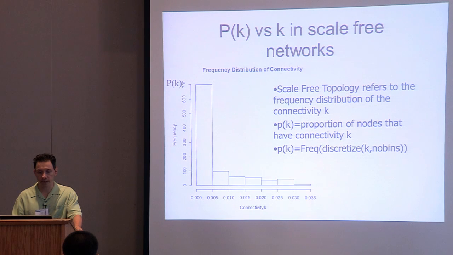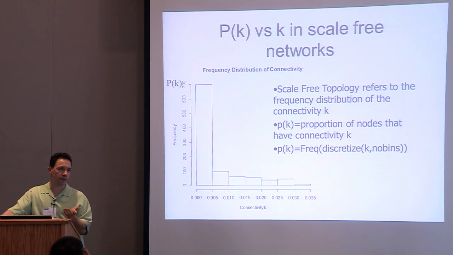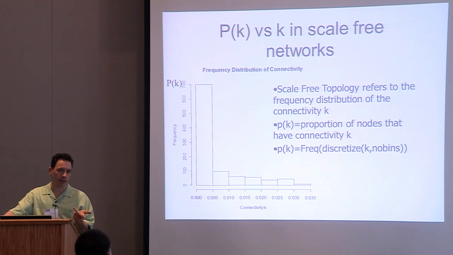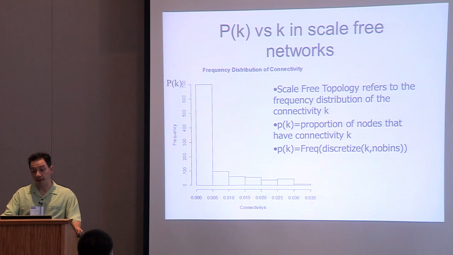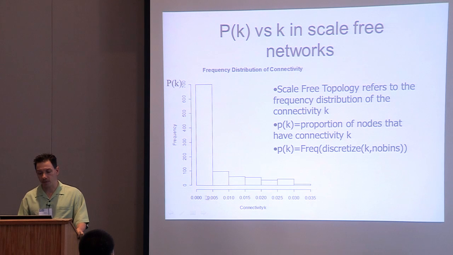By the way, connectivity is also known as the degree when you deal with an unweighted network. Some people who study graph theory are more familiar with that term. In any event, we have this connectivity for every gene, we measure its connections. And now what we can do is form a histogram.